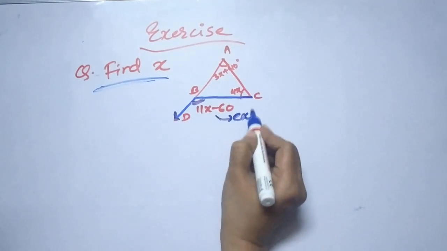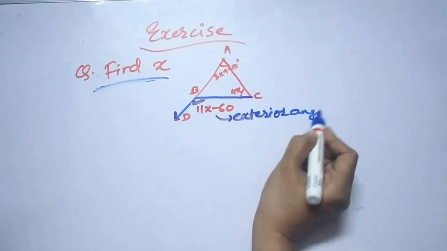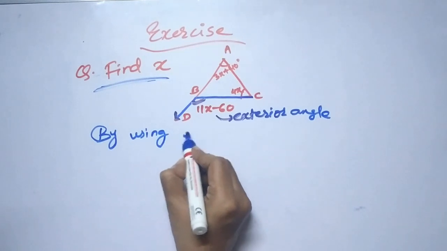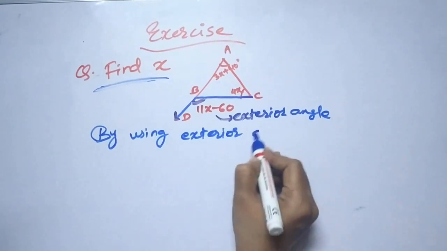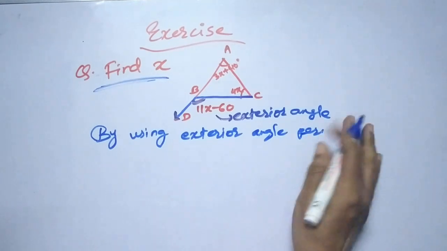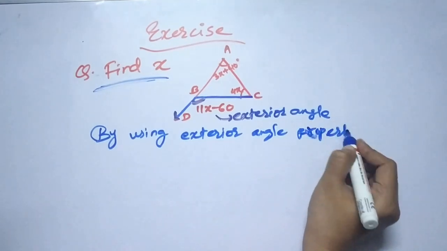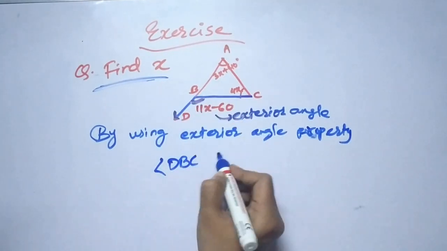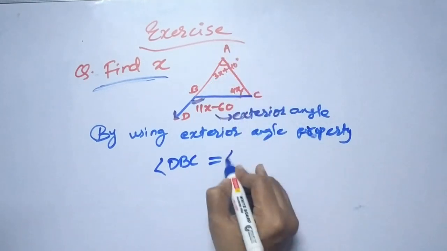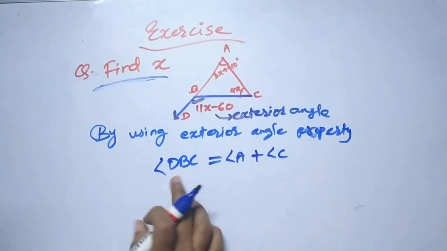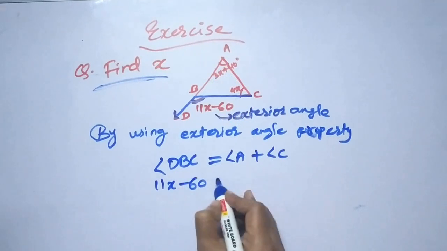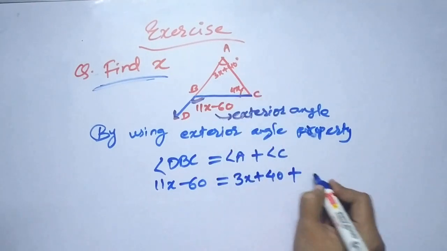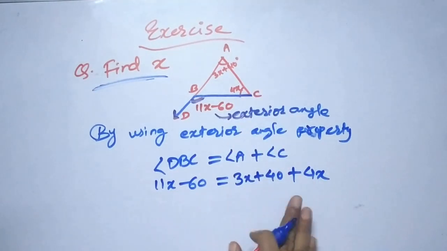So by using the exterior angle property, you can write down this exterior angle CBD, or you can say DBC, is equal to the sum of its two opposite angles, which is angle A plus angle C. This value is already given, 11x minus 60. Angle A is 3x plus 40. And angle C is 4x. Now we just need to solve this equation.